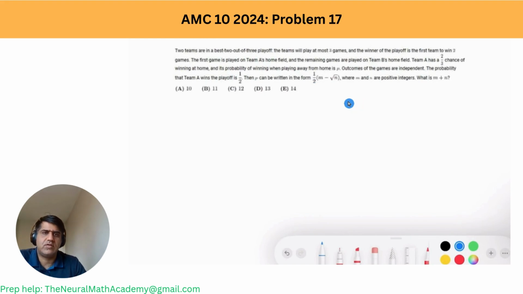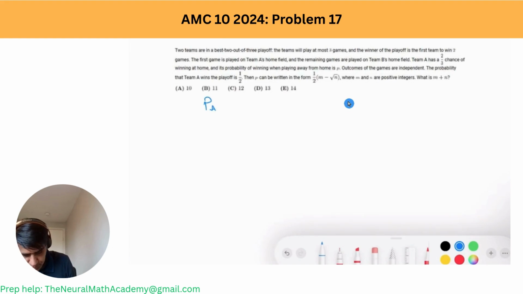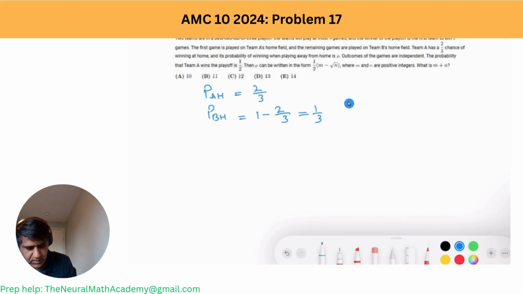And we have to find m plus n from this expression. So we see the probability of Team A when playing at home is 2 over 3. In this case, the probability of Team B when they're playing at A's home would be 1 minus 2 over 3, or 1 over 3.